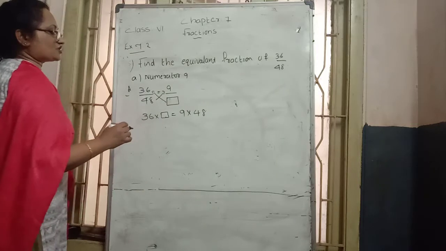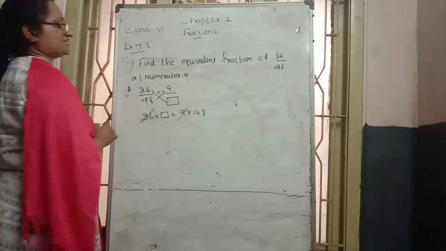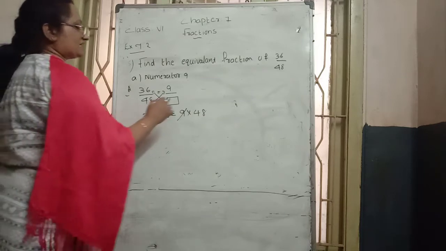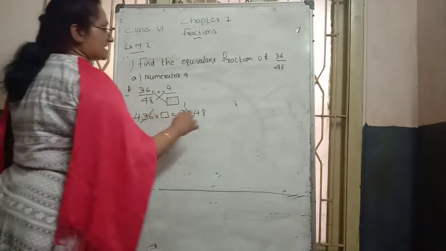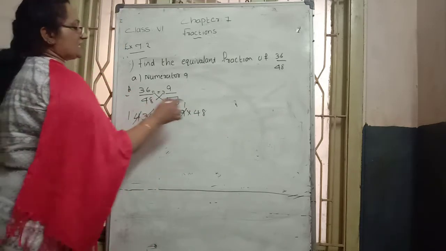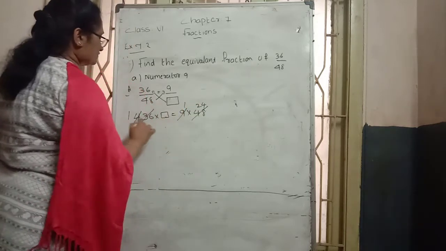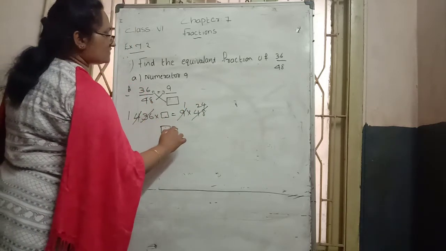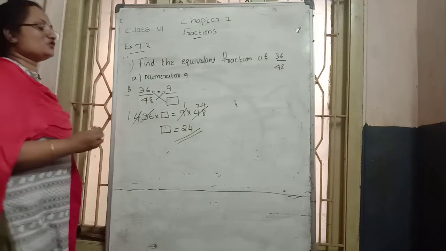Then cancellation is possible, so cancel 9 and 36: 9 table, 9 one time; 9 table, 36, 4 times. Again checking 4 and 48 cancel. Yes, 4 table, 4 one time; 4 table, 48, 12 times. So 1 into box becomes box, and the box value is 12.